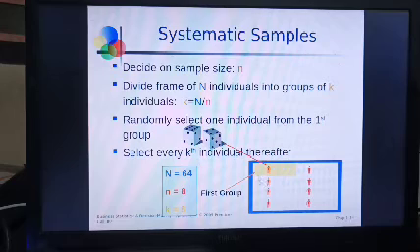You notice you still divide the population, but the main difference with the stratified sampling is that in systematic sampling, the interval between the samples is consistent or even.